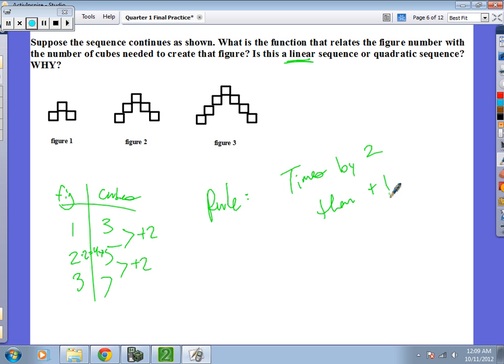So let's check another one. 3 times 2 is 6. 6 plus 1 is 7. Awesome. I started at 3, ended at 7. That's where I've got to be. Done. So my rule is y equals 3x. No, not 3x. 2x. I times by 2, then plus 1.